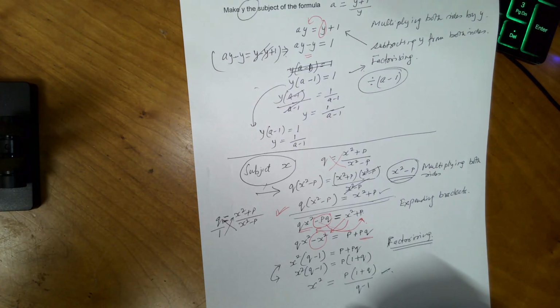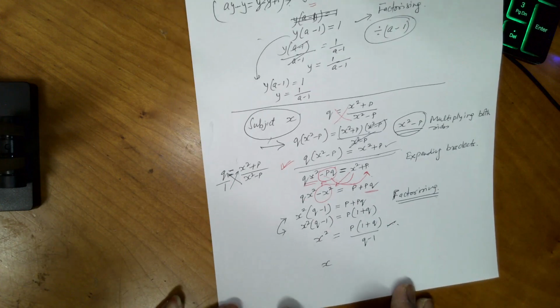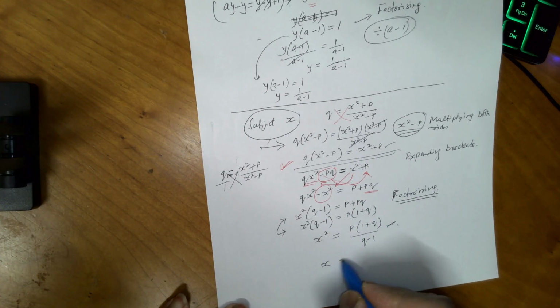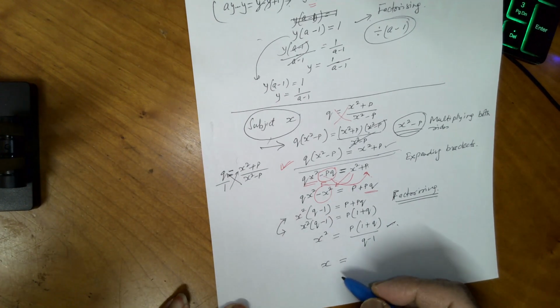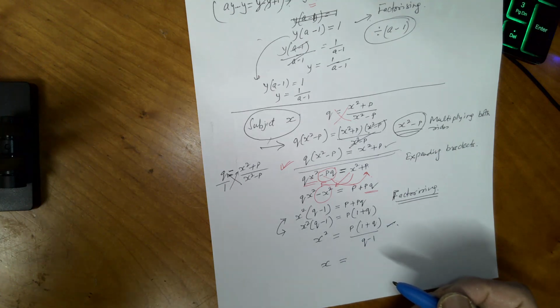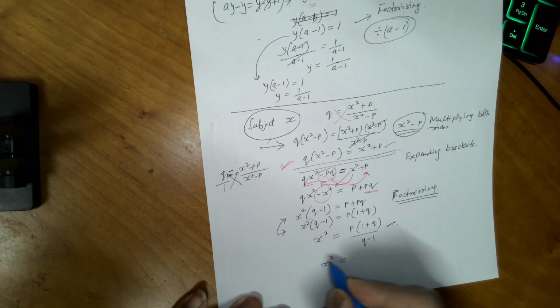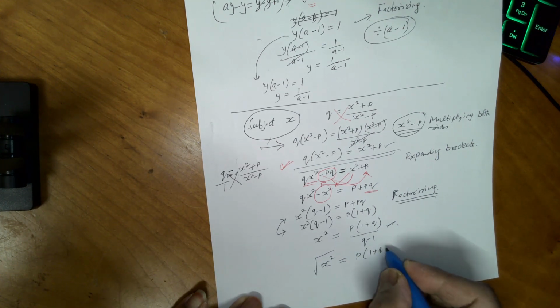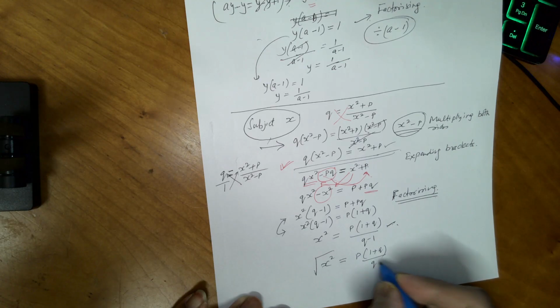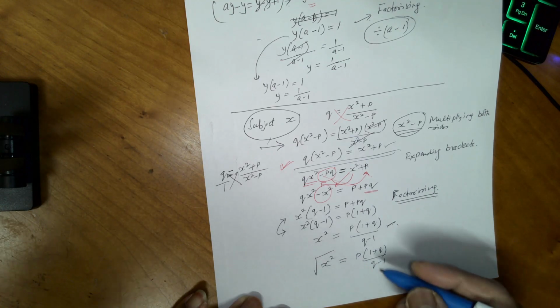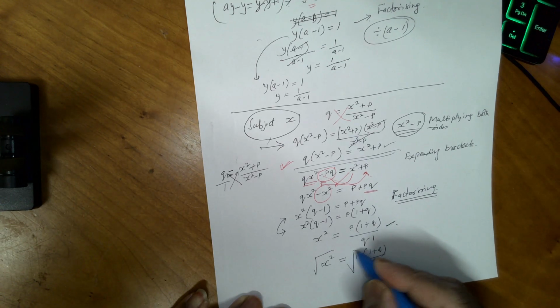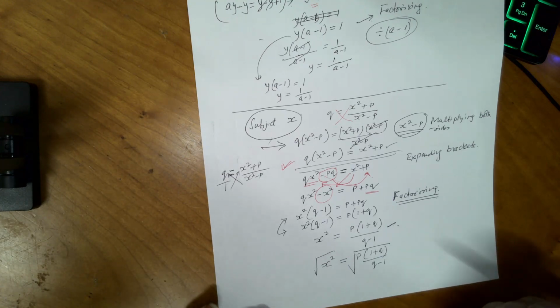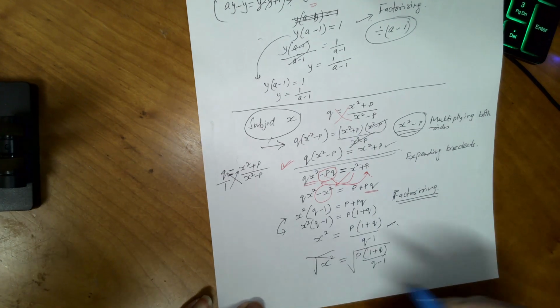And then you can also say, just to get x, taking the square root of both sides, and that will cancel this.